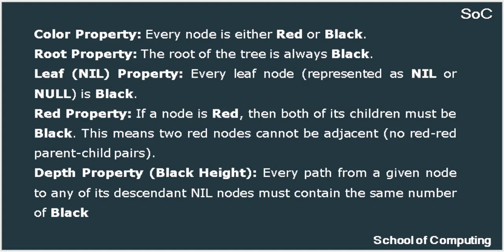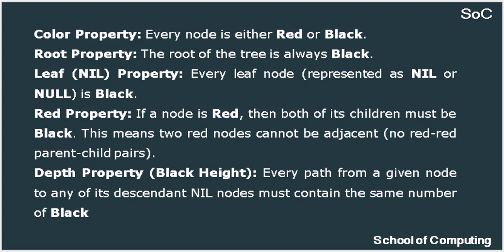When the node does not exist, why are you treating that node as black? This could be a question or confusion in anybody's mind. Why is a node which does not exist treated as black? We will understand its importance during our red-black tree construction process.